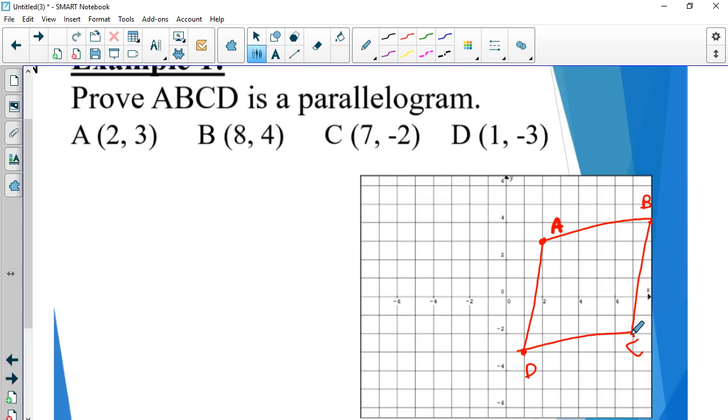But let's see. Now, at this point, you can choose whatever you want to do. Again, you can find the slope on all 4 sides. And you can do that mathematically, or if it's graphed, you can actually just count the slope. Okay, so remember the slope is the change in y over the change in x.